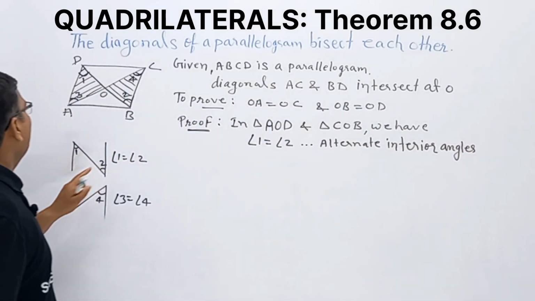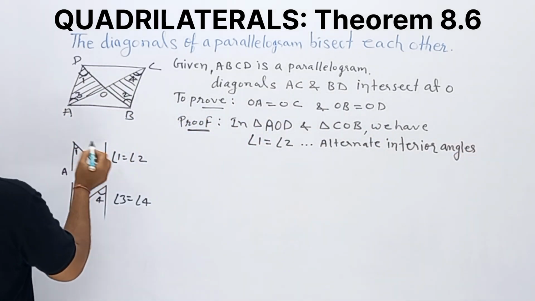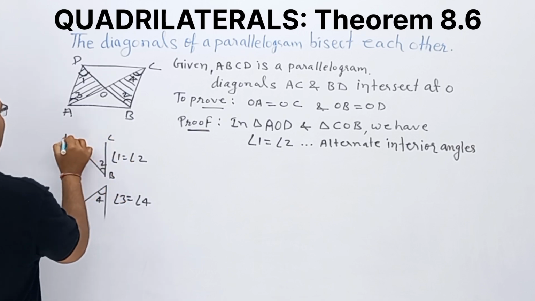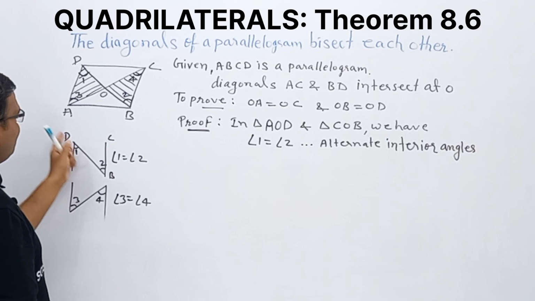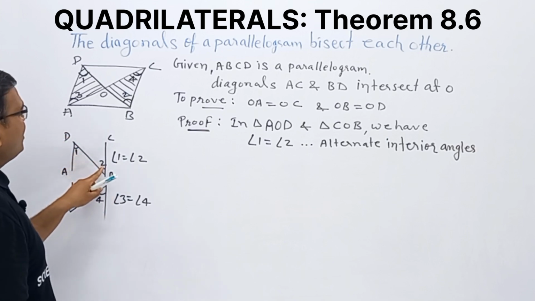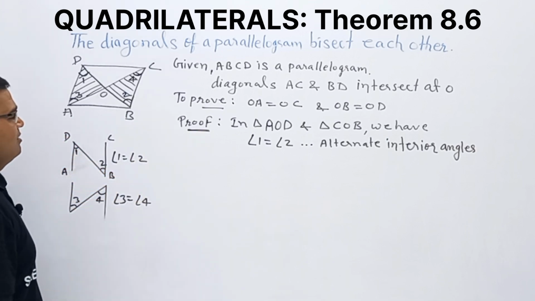This is ABCD. AD and BC are parallel lines and BD is a transversal, then angle 1 equals angle 2. Why? Because alternate interior angles.